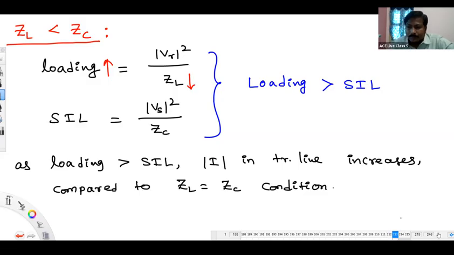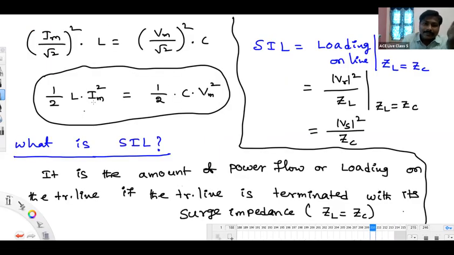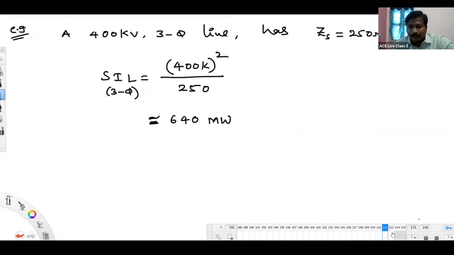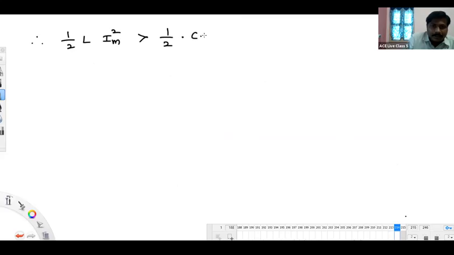But for the ZL equals ZC condition, we already mentioned that half LI square equals half CV square. For the present case, current is increasing compared to the previous current. So half LI square will dominate half CV square. Therefore, half LIm square will be greater than half CVm square.